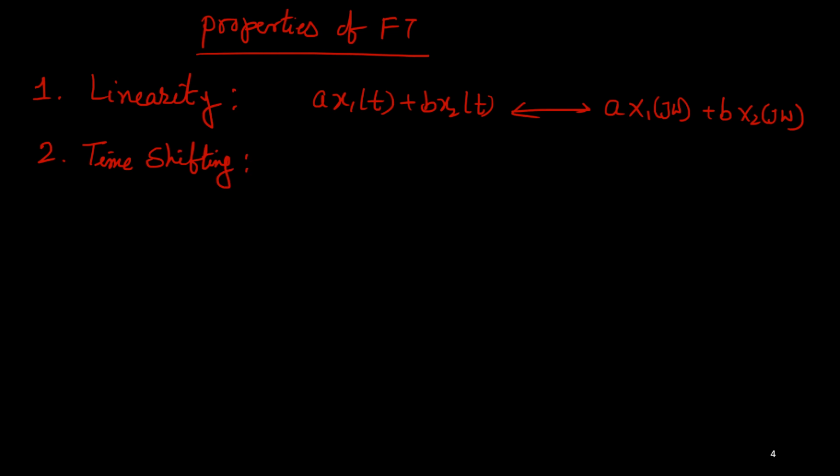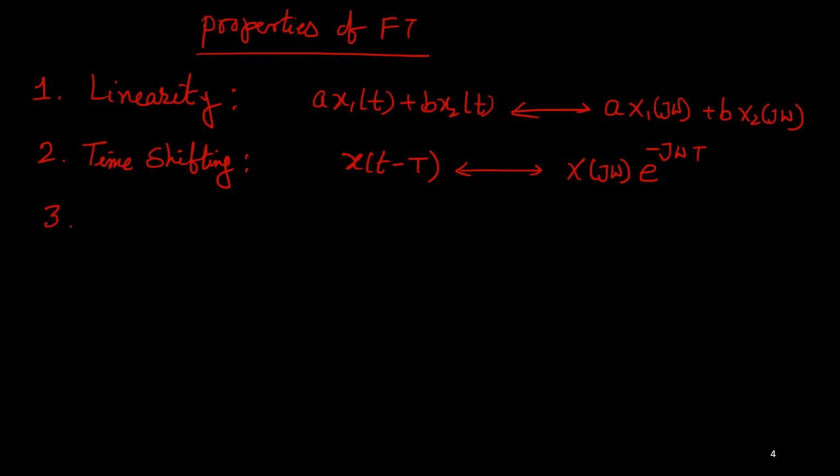From here we got that if the signal x(t) is shifted by capital T, then the shape does not change, the frequency content X of j omega will remain the same, but due to this time delay, we'll have a phase term minus j omega capital T.